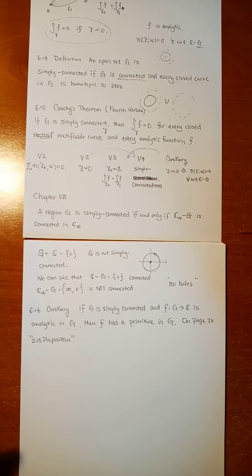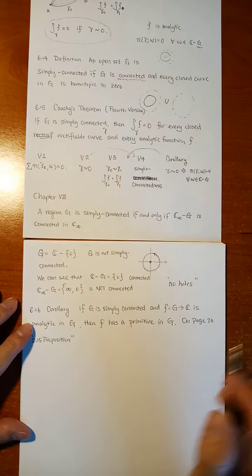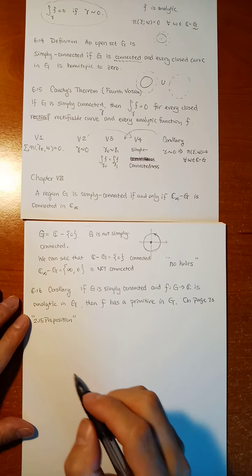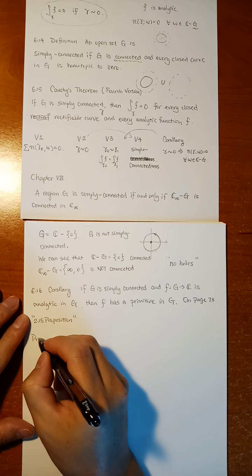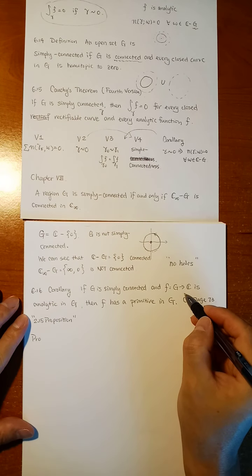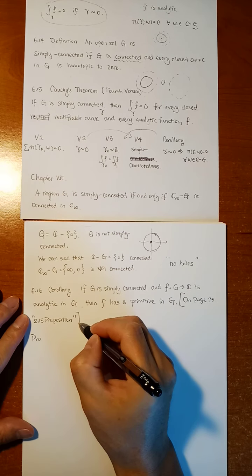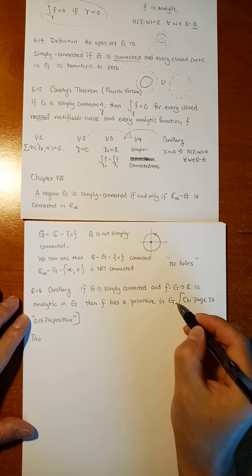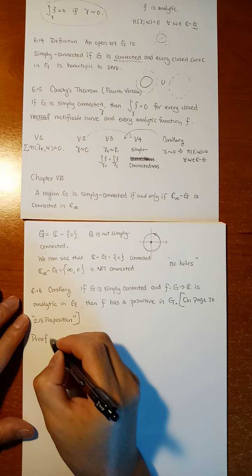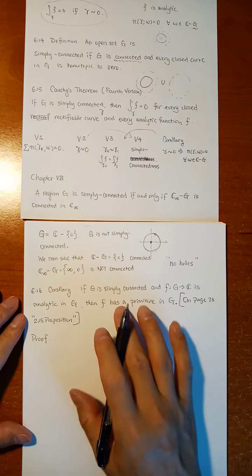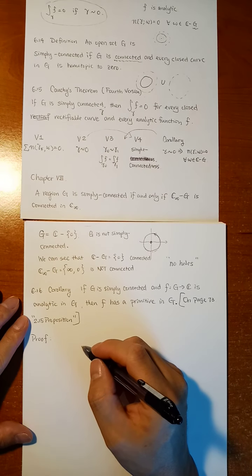Then you can see proposition 2.15 is just a special example of this. All right. Okay. So now let's prove. Oh. Well, this is a remark. It's not part of the statement. The statement stops at this point. Proof. Let's try to show f has a primitive.